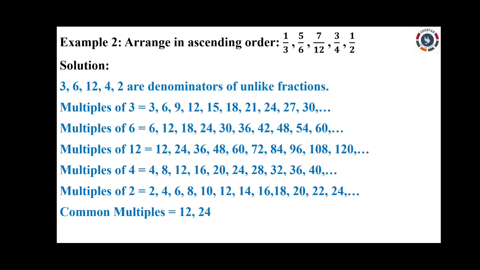In common multiples 12 and 24, which is the least common multiple? Yes, the least common multiple is 12. LCM of 3, 6, 12, 4 and 2 is 12.